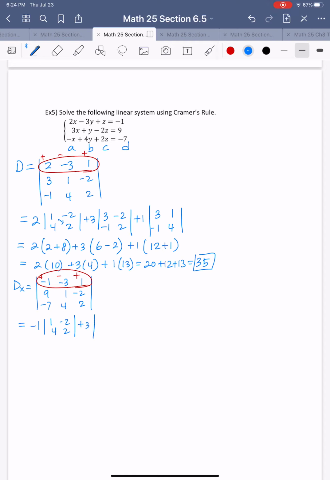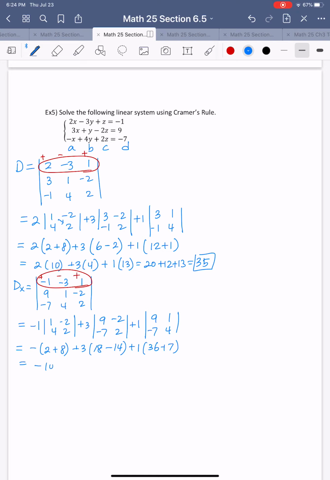Positive 3, I have a 9, negative 2, negative 7, and 2. And then positive 1, I have a 9, 1, negative 7, and 4. So I have a negative of 2 plus 8, 3 of 18 minus 14, plus 1 of 36 plus 7.